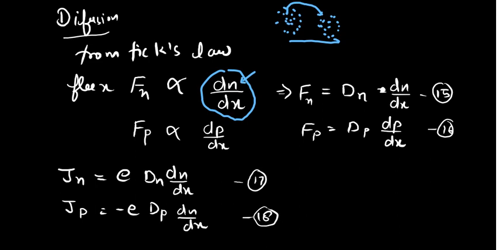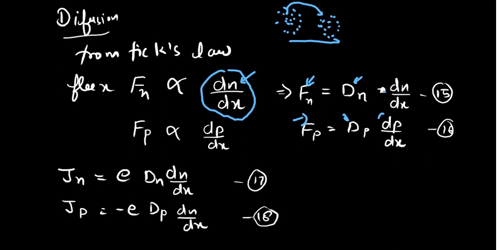So it will be given by flux Fn equal to Dn, the proportionality constant, into dn upon dx. Similarly, for holes, it will be given by Fp equal to Dp, that is a constant, into dp upon dx.